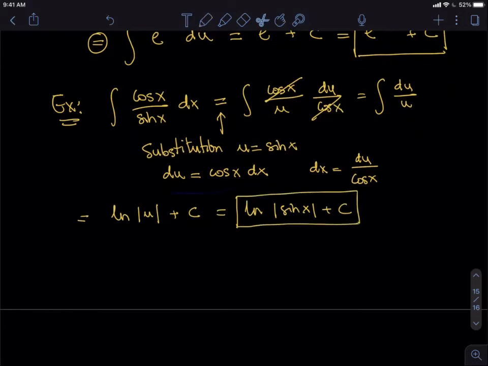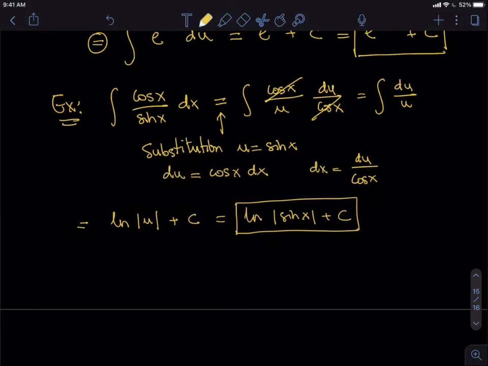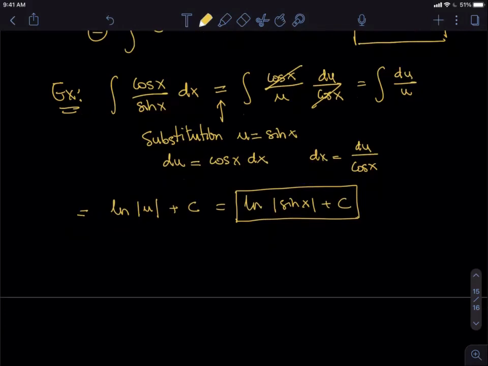Okay, and that is the result of this antiderivative. Now again, notice that this problem could be a little hidden if instead of writing the cosine of x divided by sine of x, I write the cotangent.